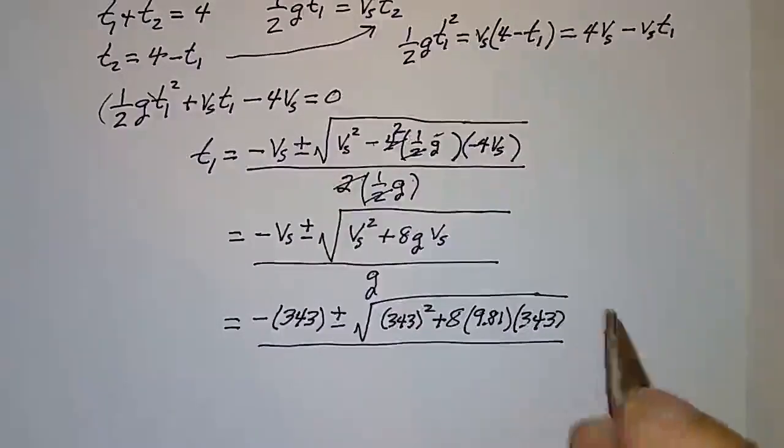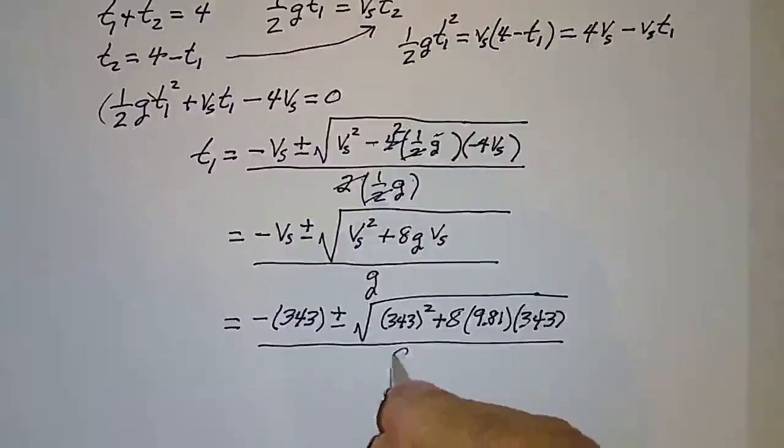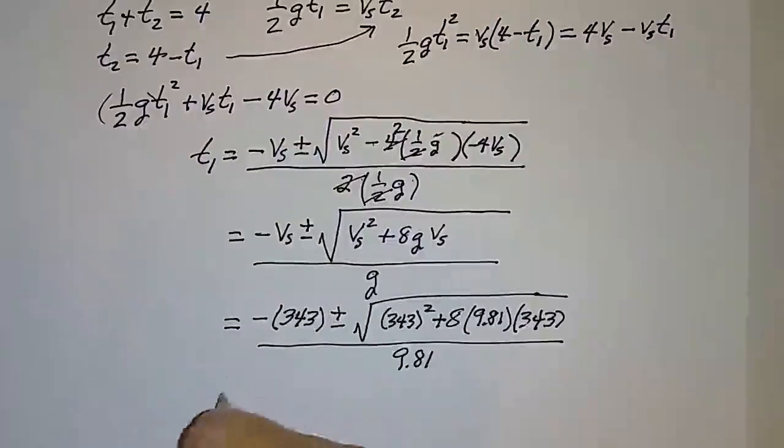All of this is divided by g, which is 9.81. So we're going to plug those numbers into the calculator.